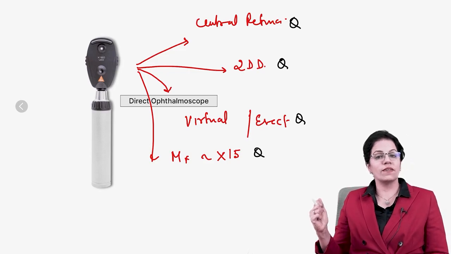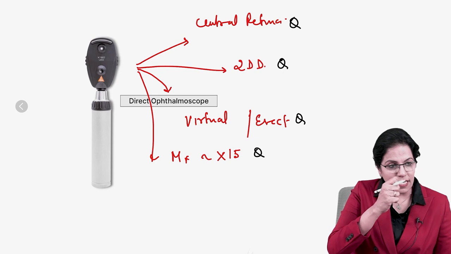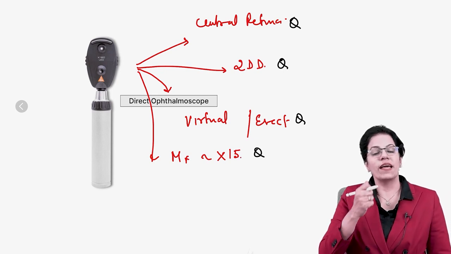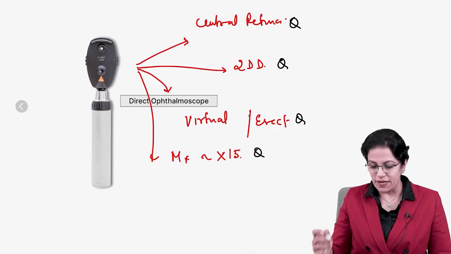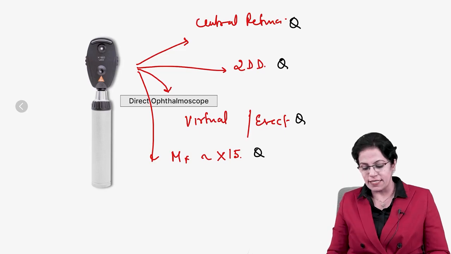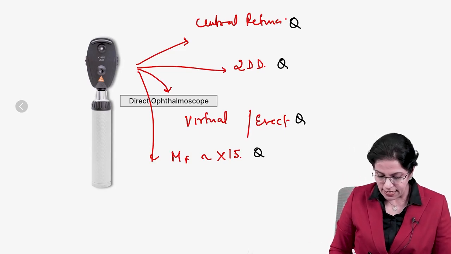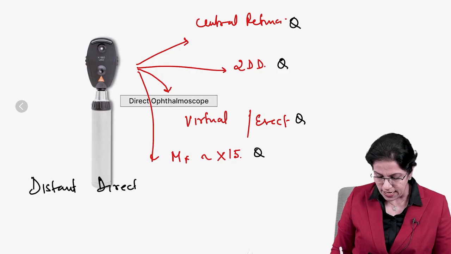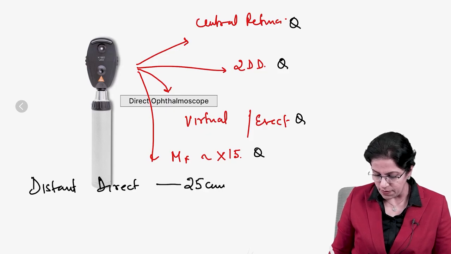What is distant direct ophthalmoscopy? Normally we have to take the ophthalmoscope to a very close distance and then only we can see the retina. If I am using the same instrument at a distance, now you call it distant direct ophthalmoscopy. And distant direct ophthalmoscopy is done at 25 centimeters. This is also your exam question.